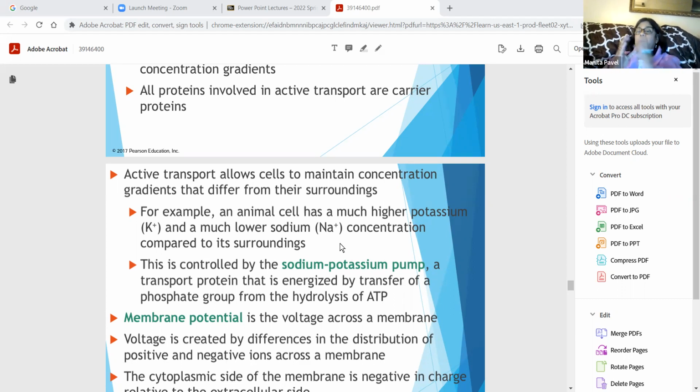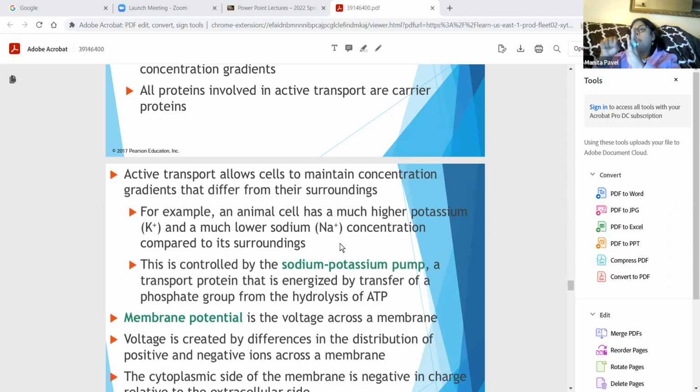Now, what happens if this is my cell membrane? This is the inside of the cell membrane. This is the outside of the cell membrane. Now, if there is an accumulation of sodium ions on one side and potassium ions on the other side, if sodium ions are present inside the cell here, there will be more sodium, less potassium.